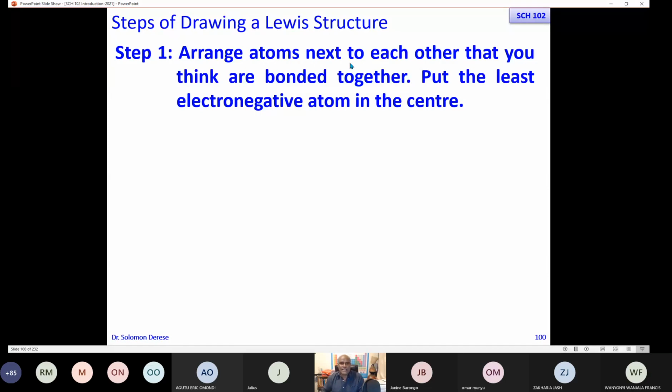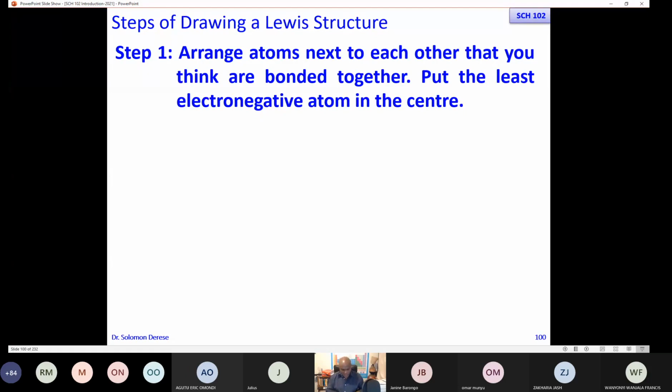You arrange the atoms next to each other in the way you think they are bonded together. So for example, if it was HF, as we have seen, the hydrogen and the fluorine are next to each other. Very simple. If it is a molecule of methane that has got 1 carbon and 4 hydrogens, we have to determine how the atoms are arranged. Which atom is next to which one?